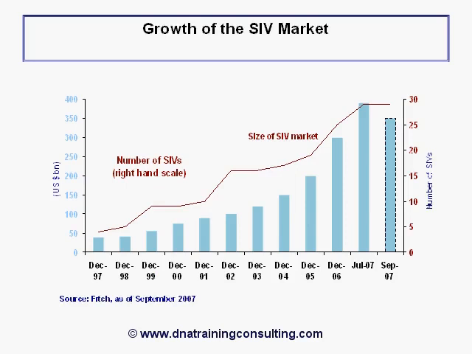The chart on this page shows the dramatic growth experienced by the SIV market in the past decade, with the greatest period of growth occurring during the 3 years immediately preceding the start of the credit crisis in July 2007.